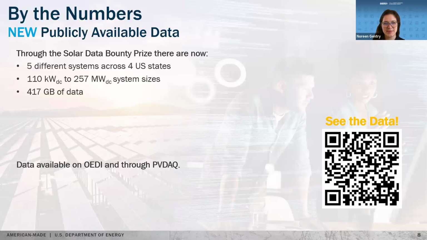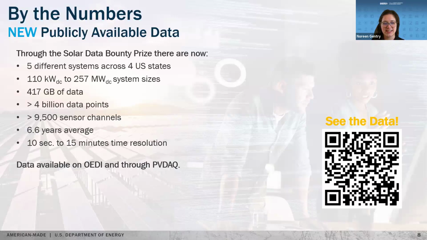We have 5 different systems across 4 US states, ranging from 110 kilowatts to 257 megawatts, getting over 417 gigabytes of data, which is over 4 billion data points, 9,500 sensor channels with a large average year of 6.6, and then a wide range of different time resolutions that we were able to obtain from this.